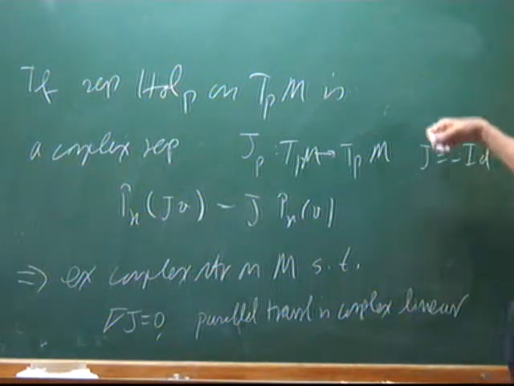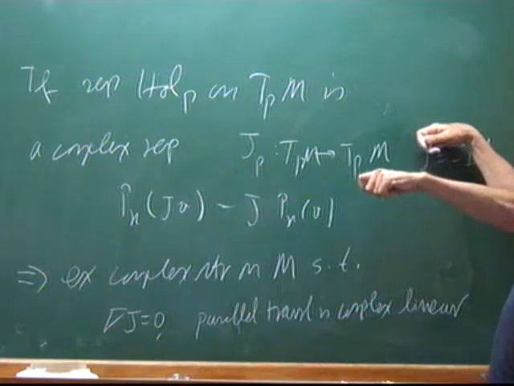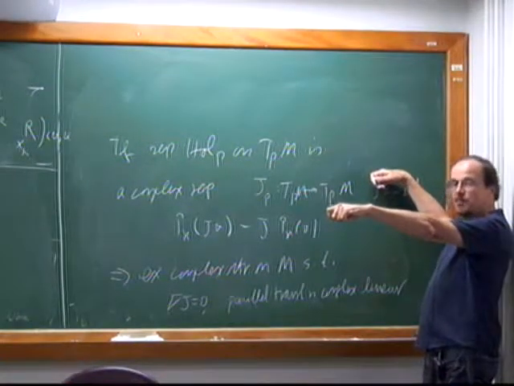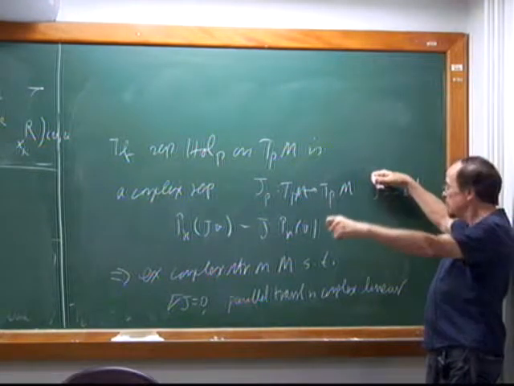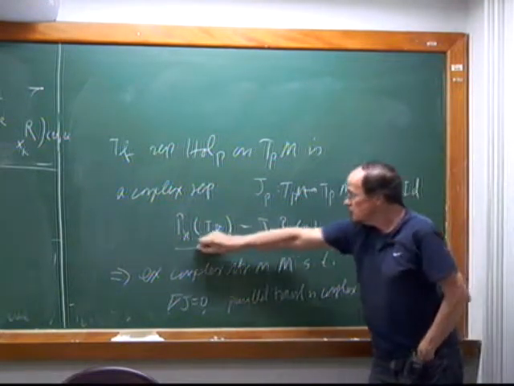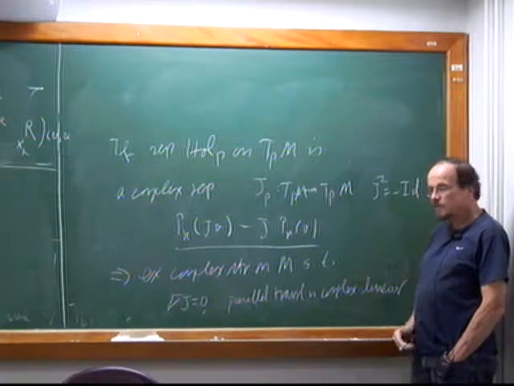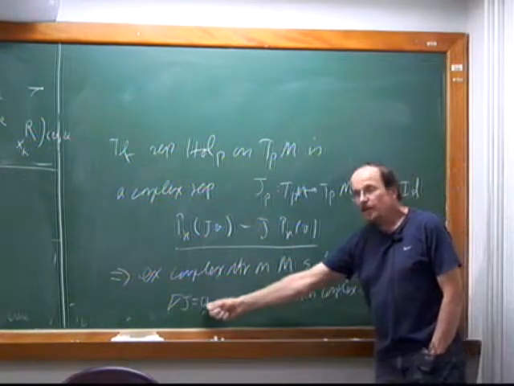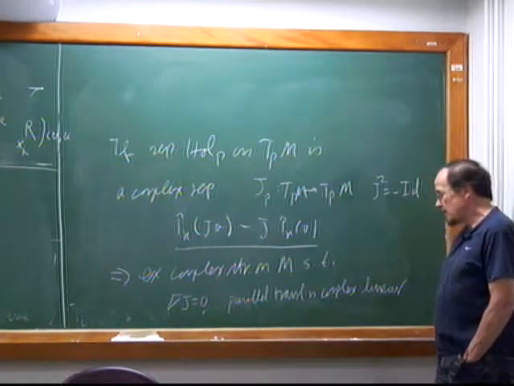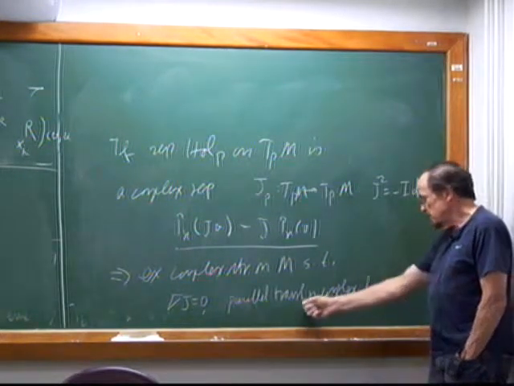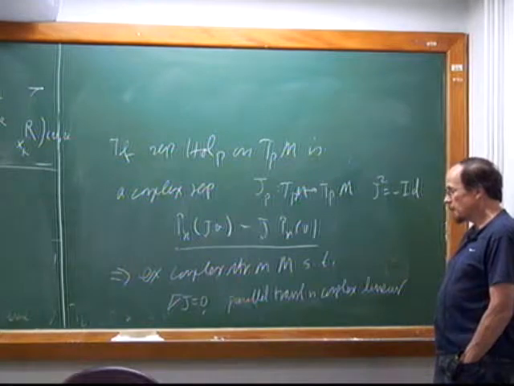Right, so you have a complex structure at the point, you push it around with parallel translation along any path to another point, you get another complex structure there. It's independent of the choice of path because of this property. And then by definition, it's also parallel. Okay. And the parallel claim is actually equivalent to saying that parallel translation is complex linear.